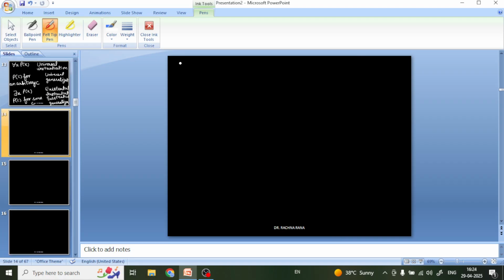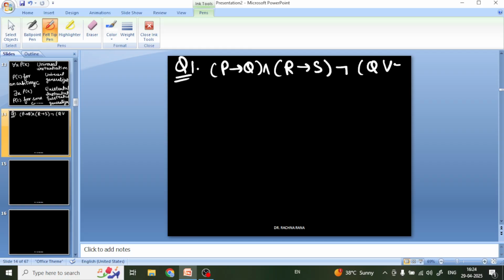For example, we have given P implies Q and R implies S, and not Q or not S, that is equal to not P or not R. We have to prove it. This is a destructive dilemma.